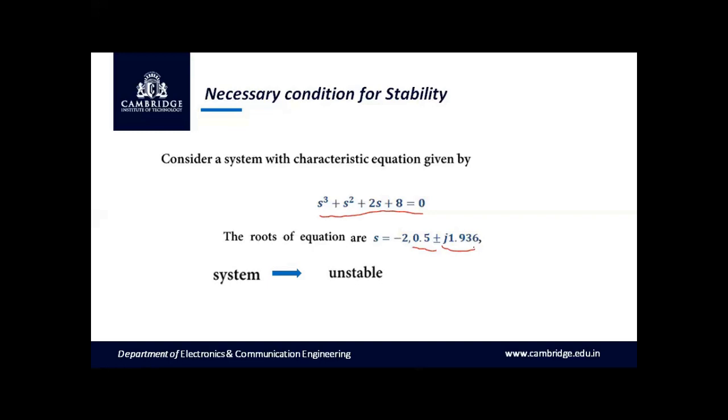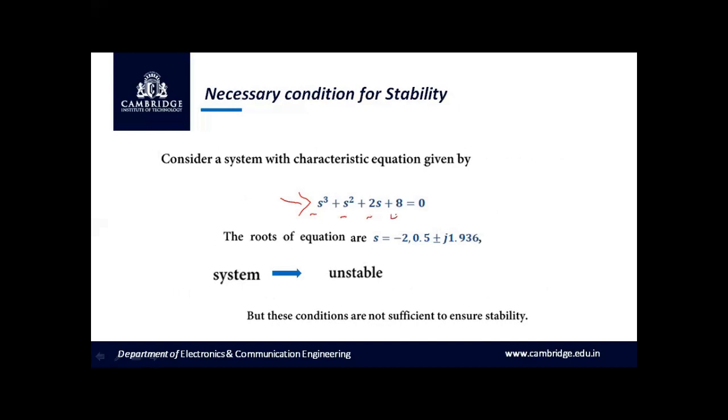But in the previous slide, we have stated that the necessary condition is that all the coefficients are non-negative. Even though all the coefficients are non-negative, in this case, the system has become unstable, and stability is not guaranteed. Let me repeat once again. In this case, if you inspect, all the coefficients are non-negative, which meets the necessary condition.